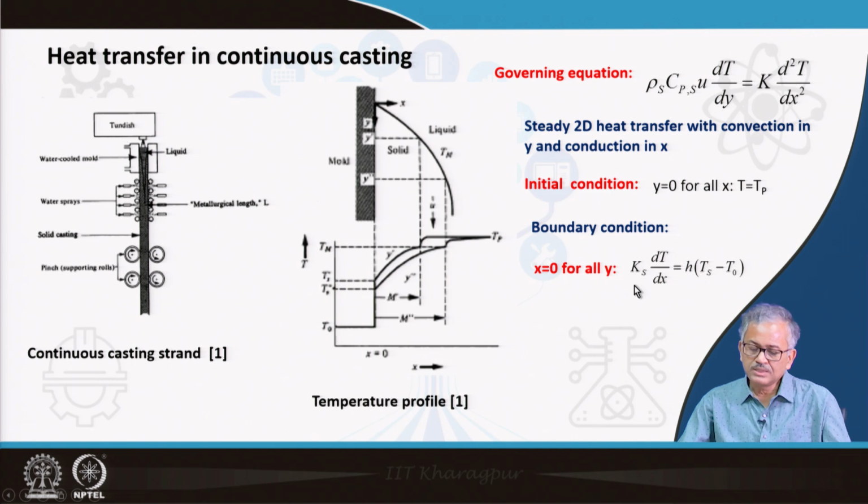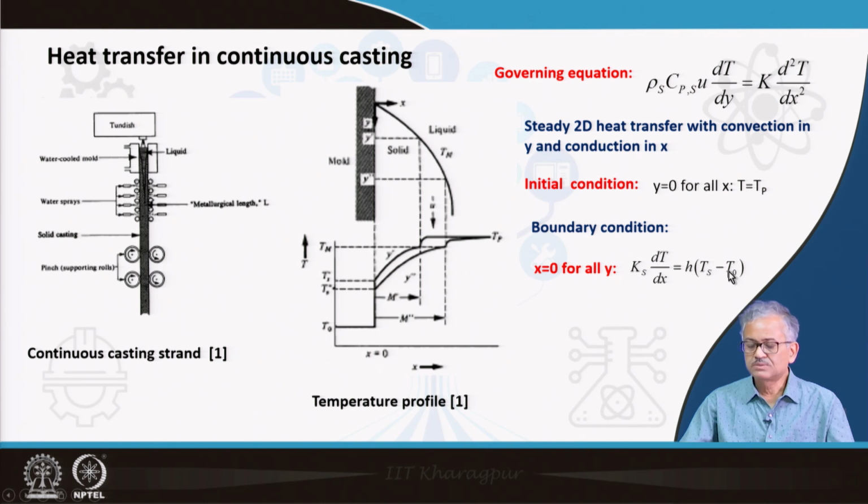At x equal to 0, the heat is coming by conduction in the reverse x direction, that is why it is k dT/dx and not minus k dT/dx, because heat is moving in the negative x direction. So k dT/dx, whatever heat is coming to the mold-solidified shell interface, is equal to the heat extracted by the mold across the contact resistance.